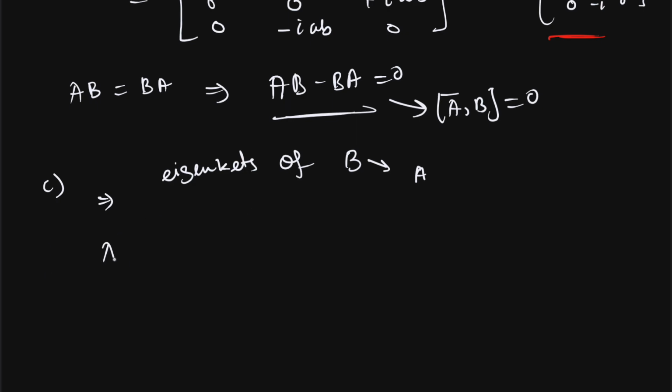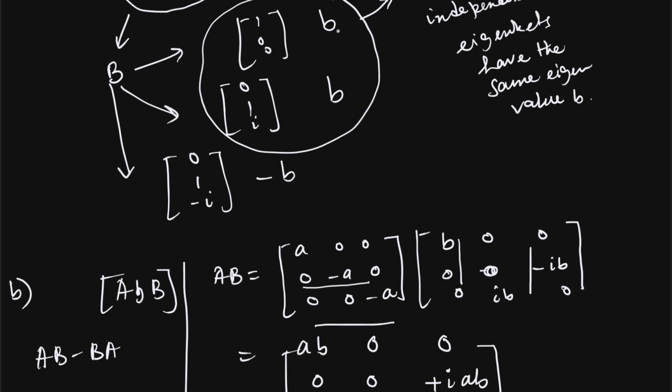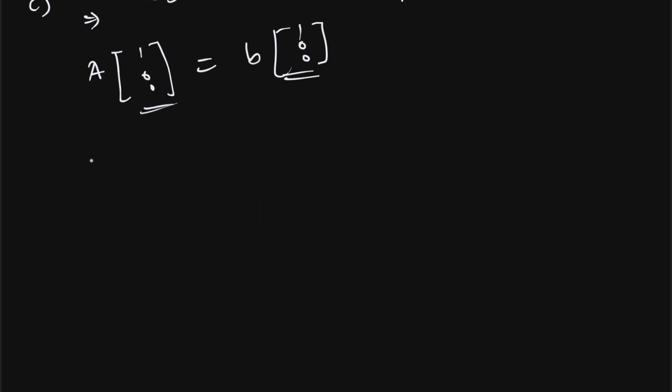So A operates on the first eigenket, 1 0 0, and we know the eigenvalue corresponding to it is b. So this is an eigenket of A also. Now check 0 1 i, which is again an eigenket of B corresponding to plus b. Let us check.